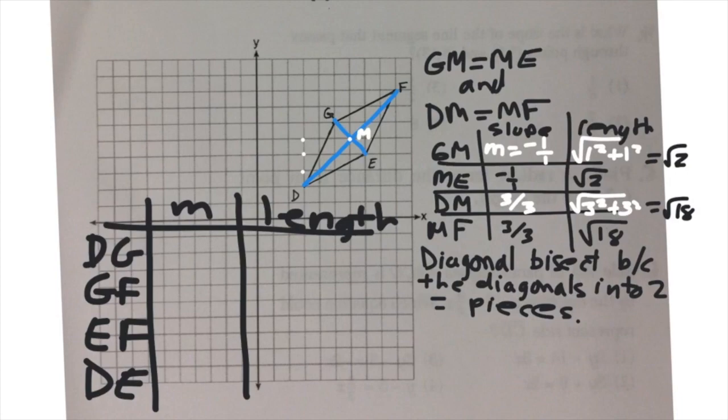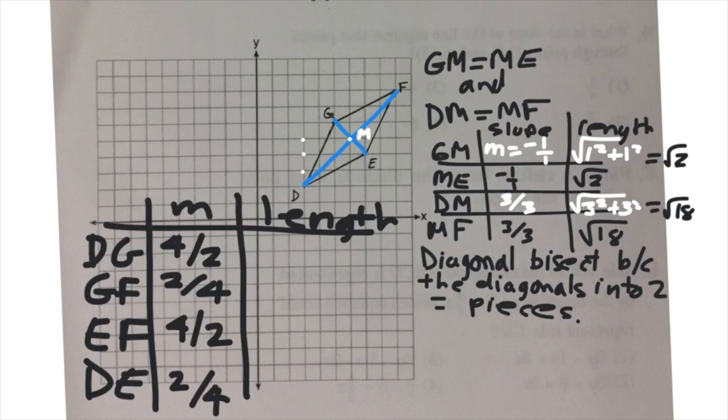So let's actually take a look at the slope from D to G. It's up 1, 2, 3, 4 over 2. So the slope is up 4 over 2. For G to F, it's also up 2, but over 4. For EF, it's up 1, 2, 3, 4 over 2. The same exact slope as DG. And DE also has a slope that's up 2 over 4.